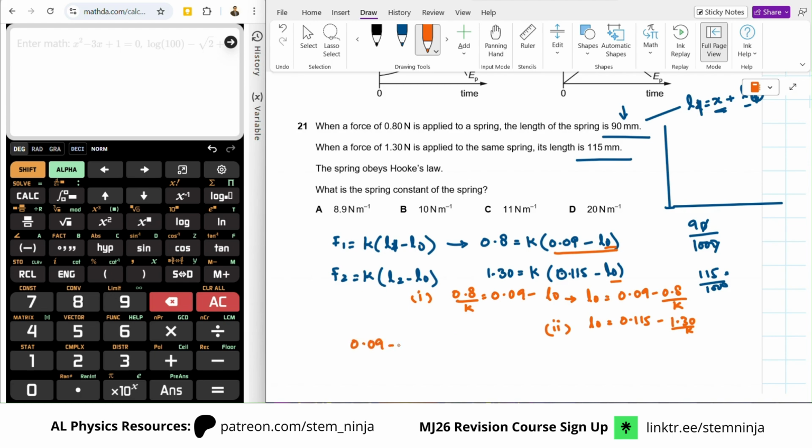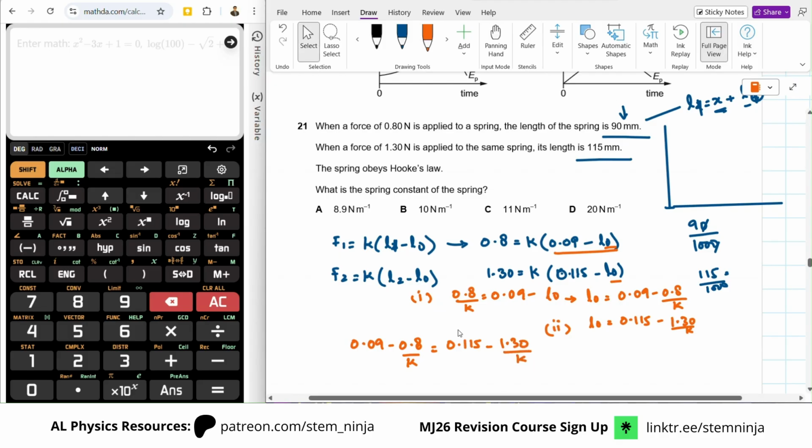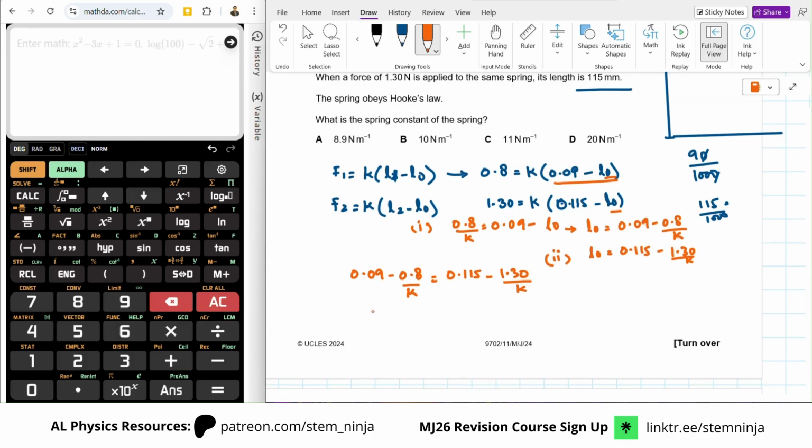So 0.09 minus 0.8 over K equals 0.115 minus 1.30 over K. Now we make K's term on one side.